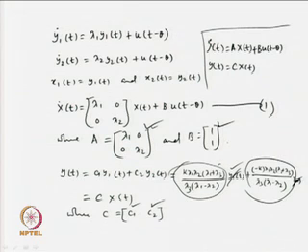Thus, it is possible to get the transfer function model expressed in the form of a canonical state space form given by the state and output equations of the form shown over here. Let me summarize the representation.